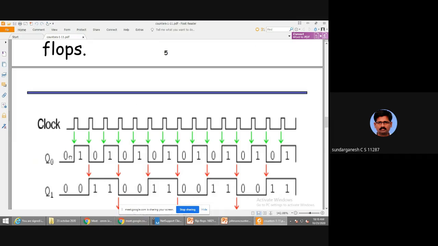Here it is a negative edge triggered flip-flop. The clock signal is given to the first flip-flop. During the positive edge, the clock is transitioning 0 to 1, 1 to 0. Every edge is taken as a transition.